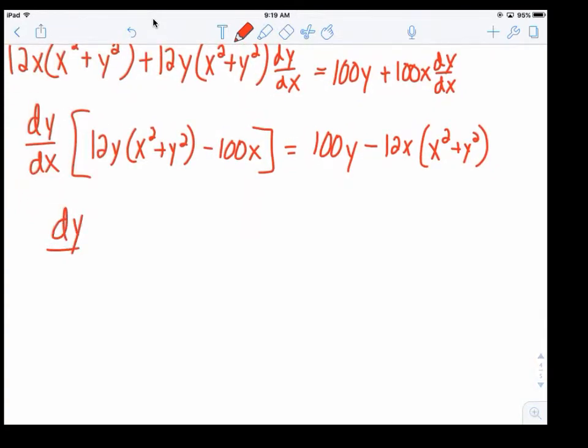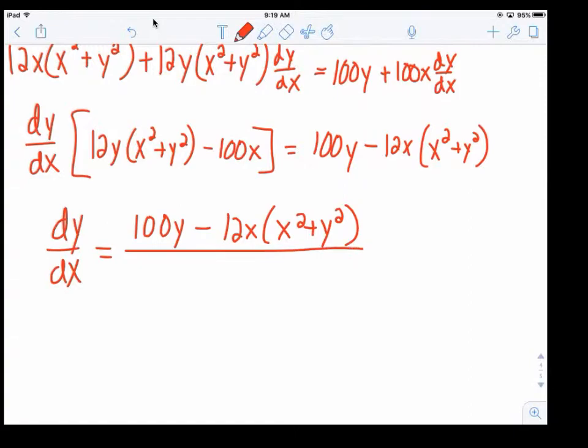So dy over dx is what? 100y minus 12x times x squared plus y squared, divided by 12y times x squared plus y squared minus 100x. Whew. Almost done.